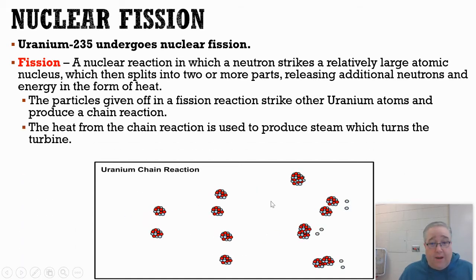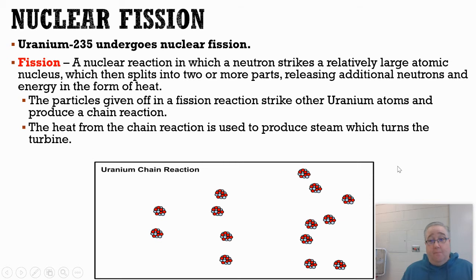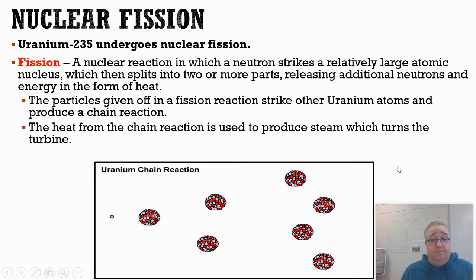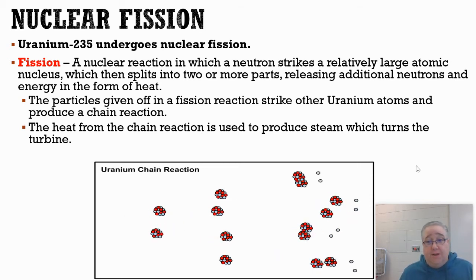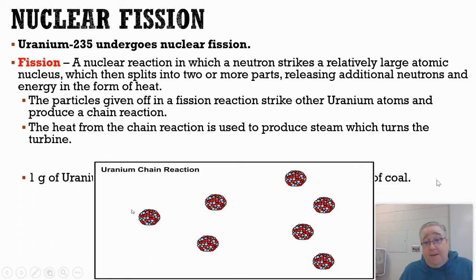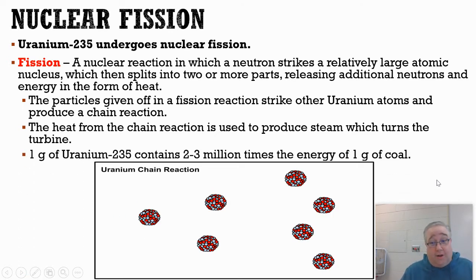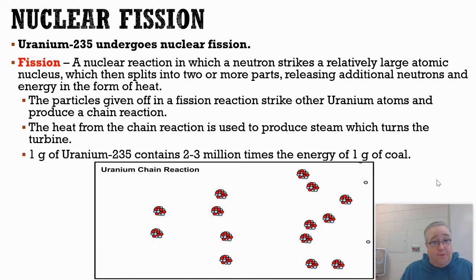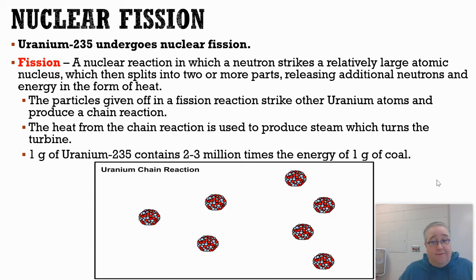And the more the reaction goes, the more energy is produced, the more heat is produced, and that heat can be used to do work, like boil water to produce steam to eventually spin a turbine.